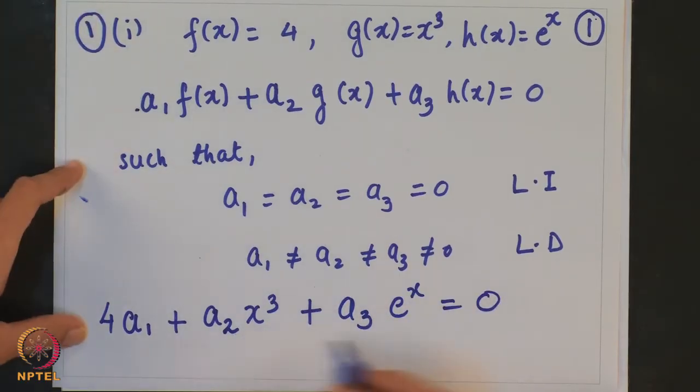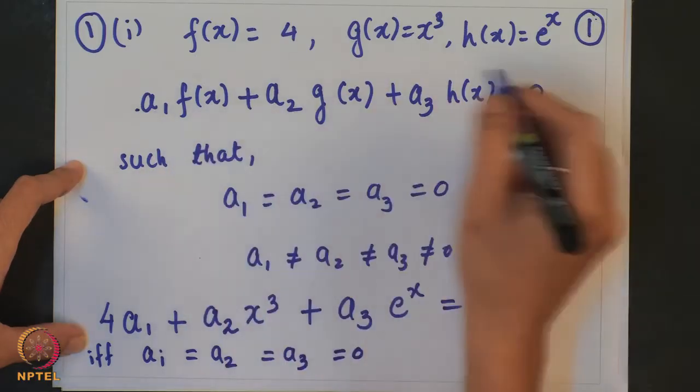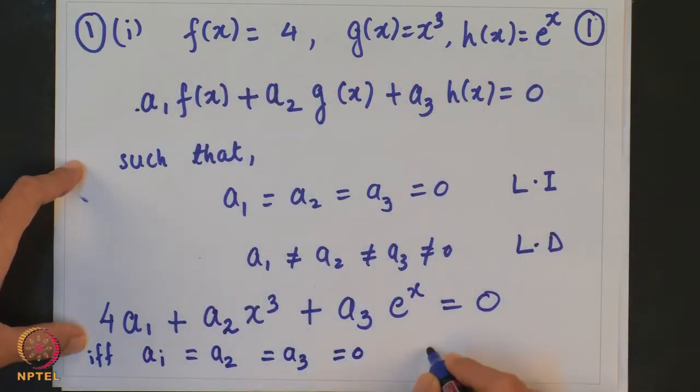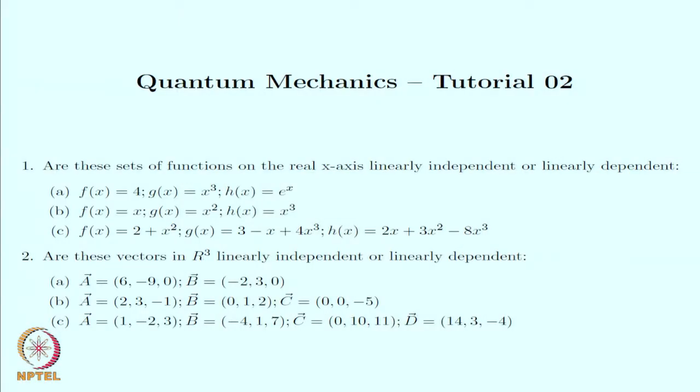So this is 0 only if a1 is equal to a2 is equal to a3 is equal to 0. So this set of functions is linearly independent. Okay. In the second problem you will see that it is very simple. You can repeat the same exercise.